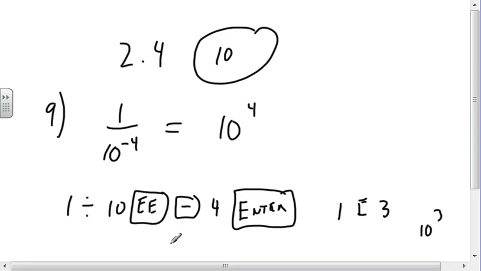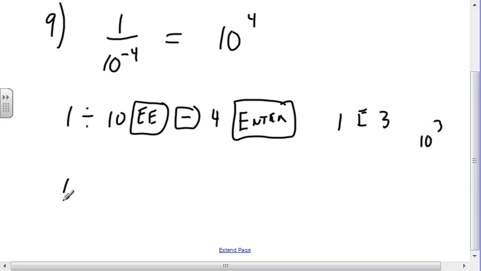So why did it do that? Well, I didn't put in this guy. That's my issue. What I needed to put in was 1 divided by 1 double E minus 4.